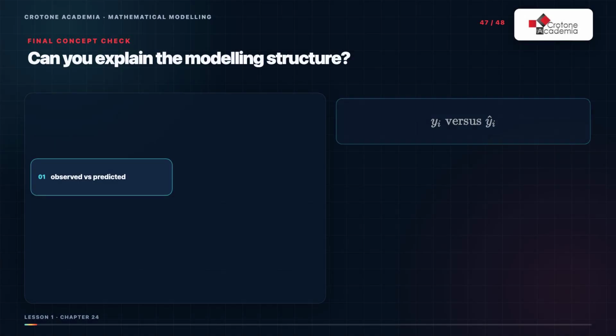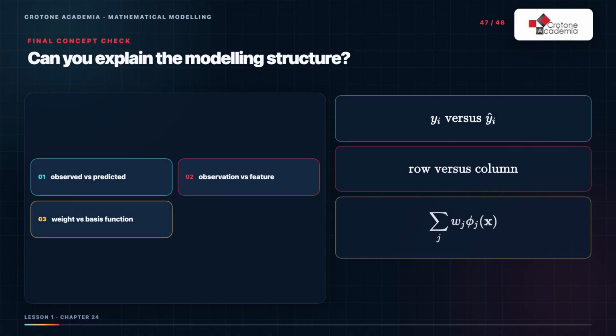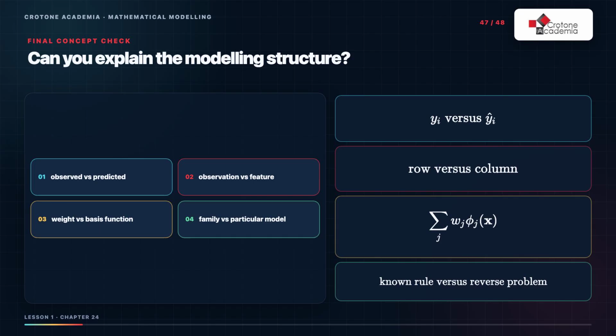Before closing, test the structure in your own words. What does y equals f of x mean? How does an observed y sub i differ from a predicted y hat sub i? What are the parameters in a line? How does a model family differ from one particular model? Why can two distinct input observations determine one line, while finite observations still permit many functions overall?